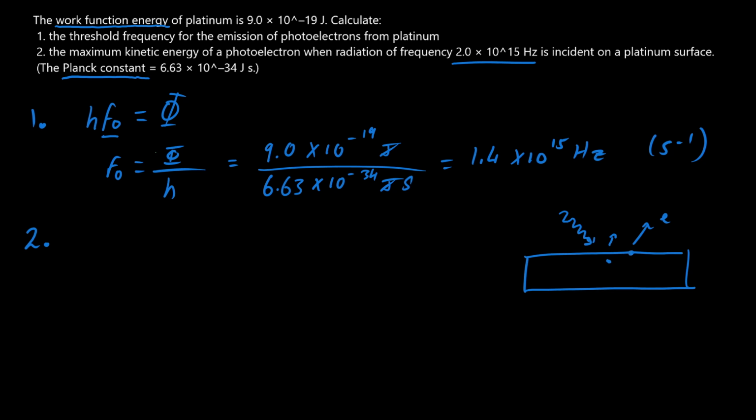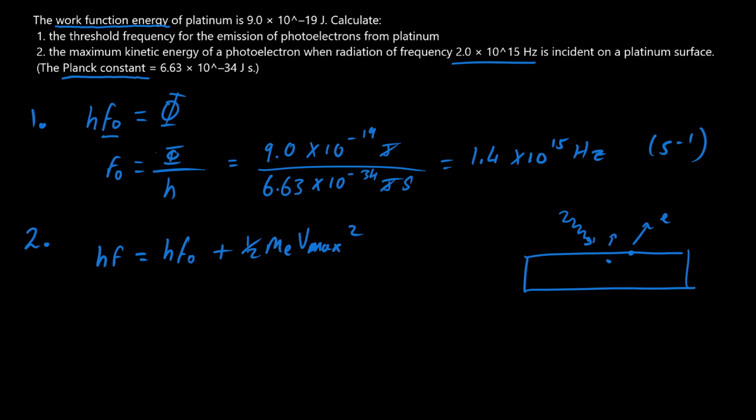So if we go back to our photoelectric equation, the energy of the incoming photon is equal to h times the threshold frequency plus the maximum kinetic energy of the ejected electron.